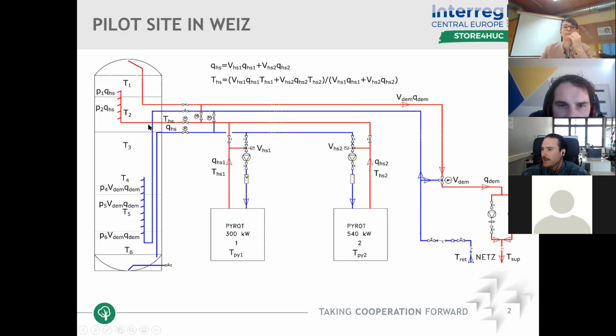And from the demand side, so the demand side takes the water from the very top, from layer 1, and returns it to the bottom. But again, this return is spread out to 3 of the layers, each with a different ratio. So these P numbers are just the parts of the flow. So I'll go a bit more in detail for each of the parts: how it is modeled and which effects we took into account.